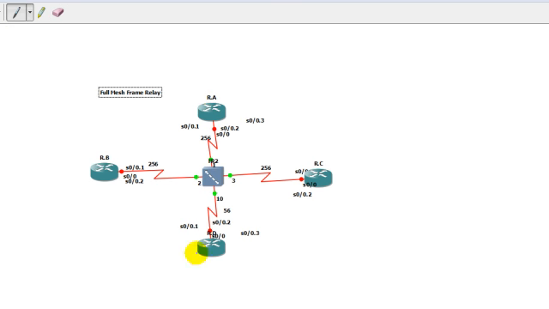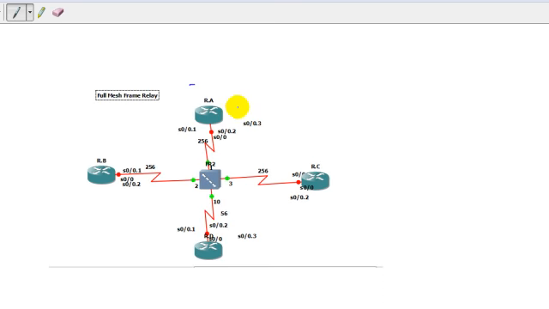We have four routers here, as I said, and I have router A. Yes, I also have 256 kilobit per second for this line, and for router C here I have 256 kilobit per second as well.